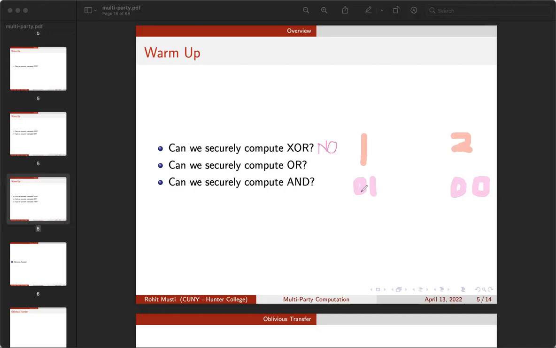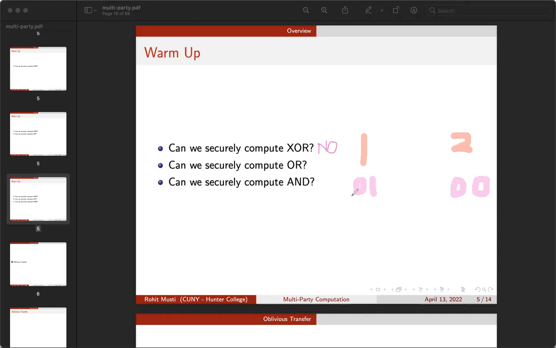What about OR? Can you compute bitwise OR, right? 0 or 0, 1 or 0. It has the same problem. If you compute 0, 1 exclusive OR 0, 0, the problem is you still learn something about your neighbor.